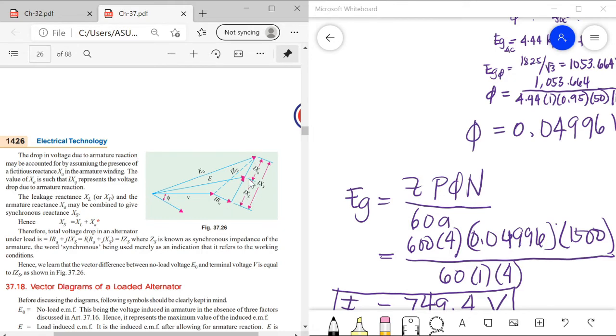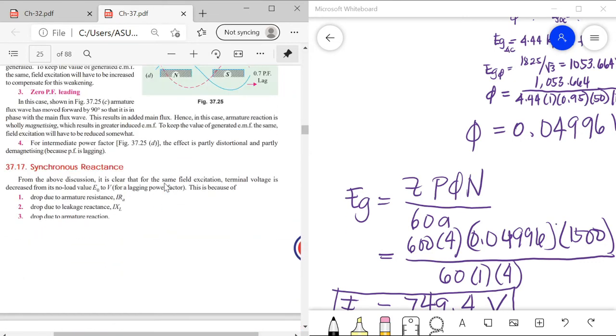The sum of IRA plus IXL plus IXA is equal to IZS, the synchronous impedance. So the terminal voltage plus the drop in your impedance is equal to E0, the no load voltage.